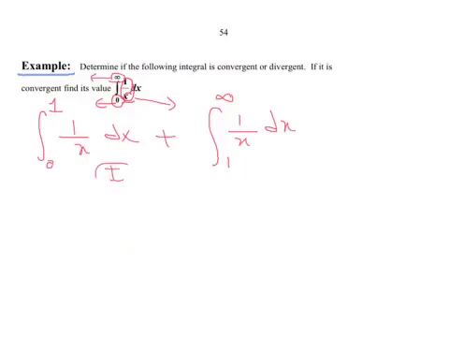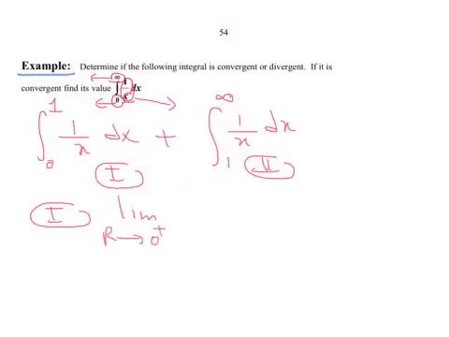Now we have to calculate them separately, and if the first one is divergent, we are going to stop. So the first one, 0 to 1, will be calculated like this. It will be the limit as r goes to 0 from the right, because 0 is the improper point, of the integration from r to 1 of 1 divided by x dx, which is equal to the limit as r goes to 0 from the right of ln x.